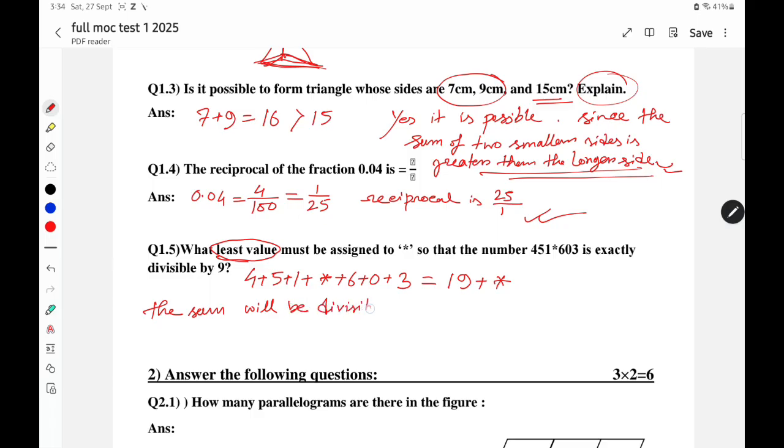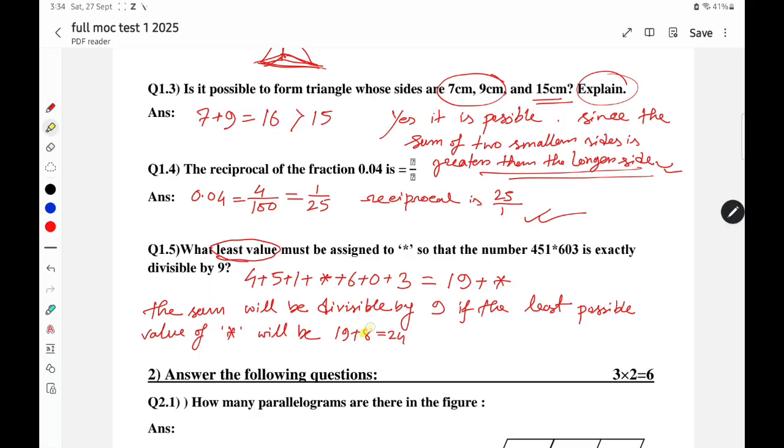So the value of star should be the least value such that the sum will be divisible by 9. The least possible value of the star will be, 19 plus... 27 will be the nearest number after 19, because 18 is less than 19, so after 18 comes 27, so we should add 8 here, then we get 27.